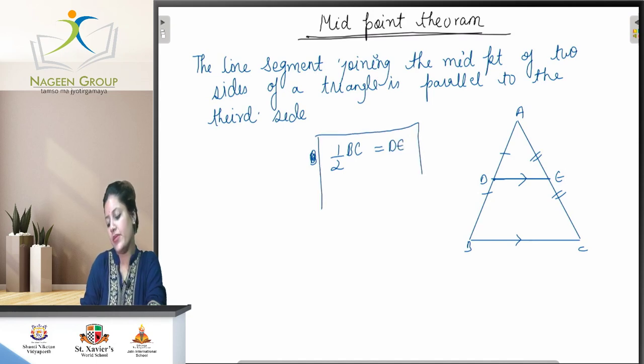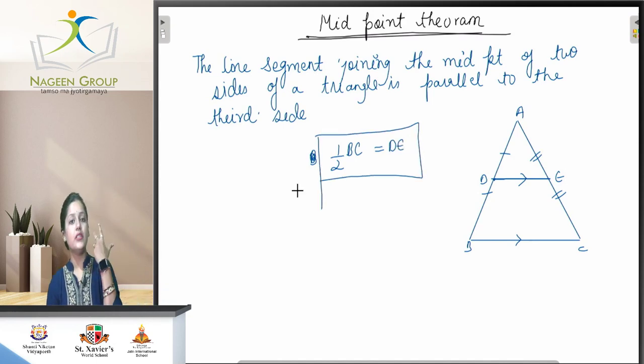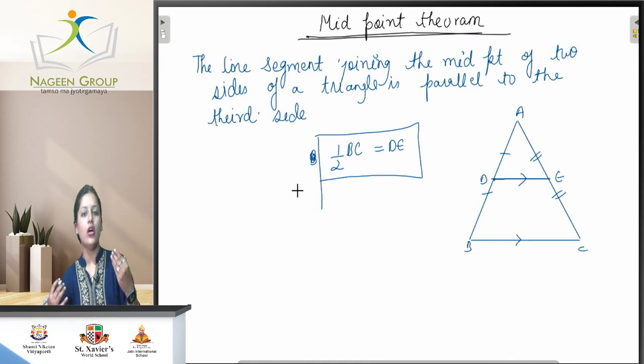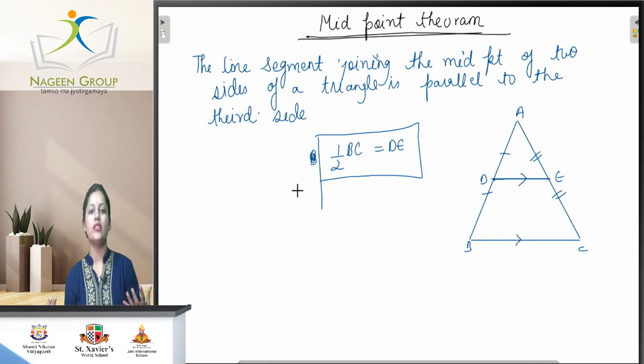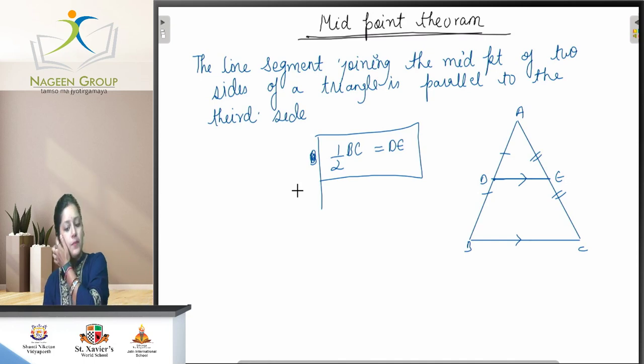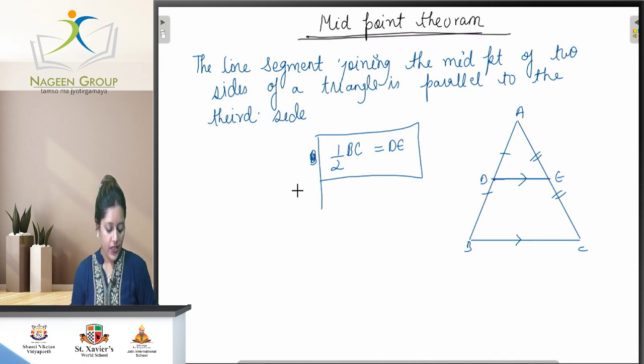The main point of the midpoint theorem is that if we join the midpoints of two sides of a triangle, then that line segment is parallel to the third side.